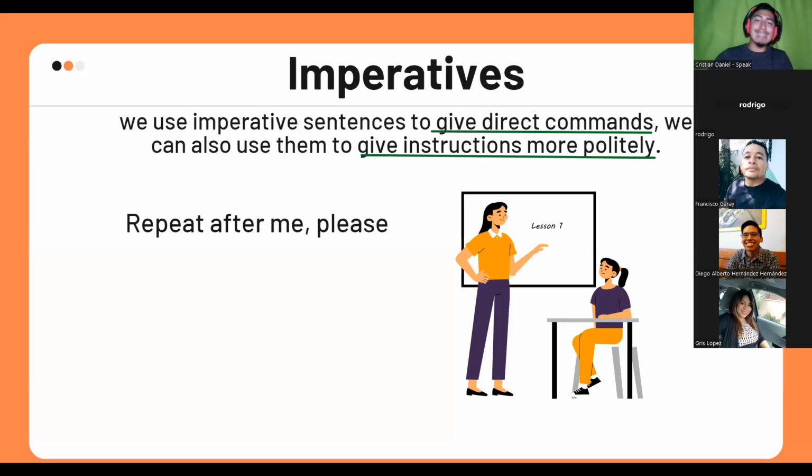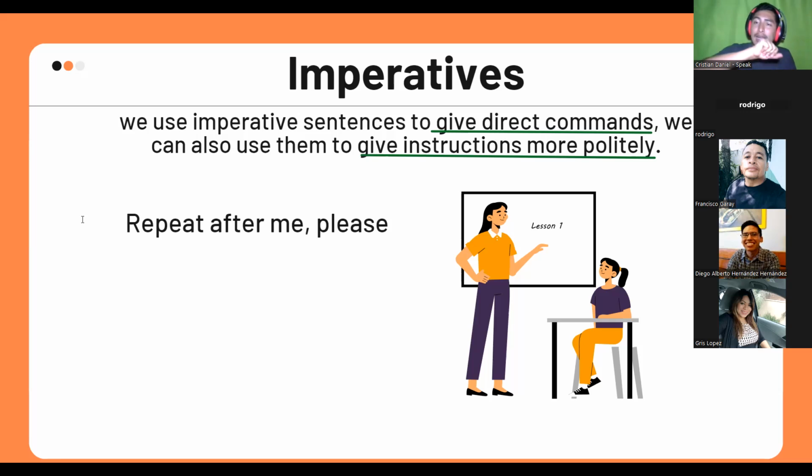If I use this imperative sentence, everybody, first of all, it's good to remember that I don't have to use, or it's not necessary to use, a subject. I don't have to say, you repeat after me, please. No, I don't have to use it because this is a direct command.